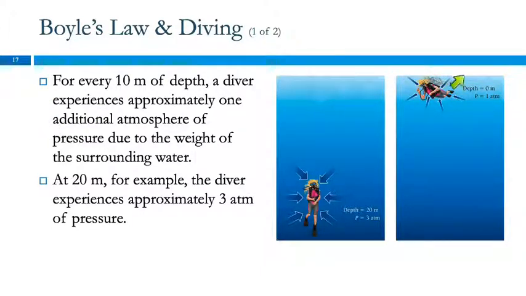So at the surface, you have 1 atmosphere of pressure from the air. You go down 10 meters, now you've got the original 1 atmosphere plus 1 atmosphere from the 10 meters of water. You go down another 10 meters, that's 20 meters, 2 extra atmospheres of pressure, so a total of 3 atmospheres of pressure. That's 3 times the pressure at the surface. And you can imagine that could affect your ability to breathe, right? Besides the fact that you're underwater.